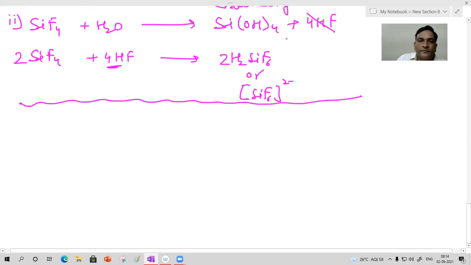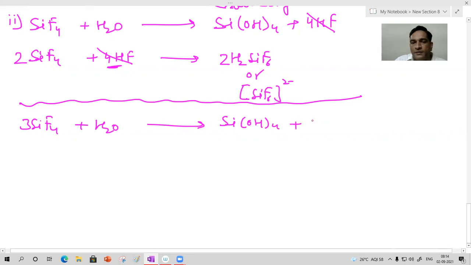If we are adding, 3 mole of SiF4 reacts with H2O to give Si(OH)4 plus 2 mole of H2SiF6. So, my dear, of 3 mole of SiF4, 1 mole of SiF4 is hydrolyzed. The other thing is partial hydrolysis.